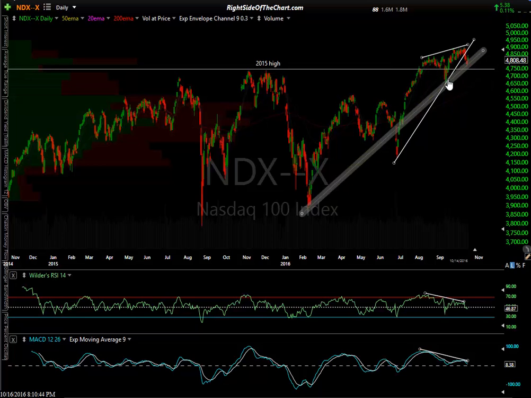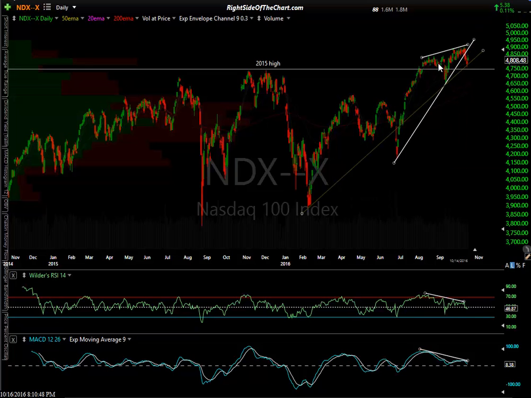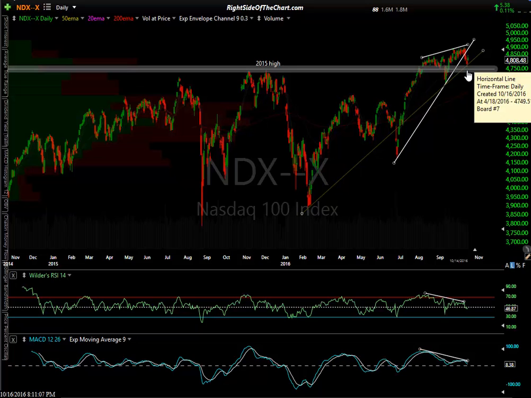So that's what happened. I said my most bullish case would have been that backtest, the failure of those 2015 highs, but then a rally back above. If this market really had some legs at that point, it should have just taken off from there after making its backtest. That hasn't been the case. Right now we're on backtest number two of the 2015 highs. We just backtested it.